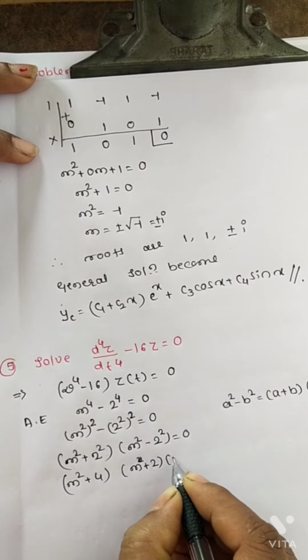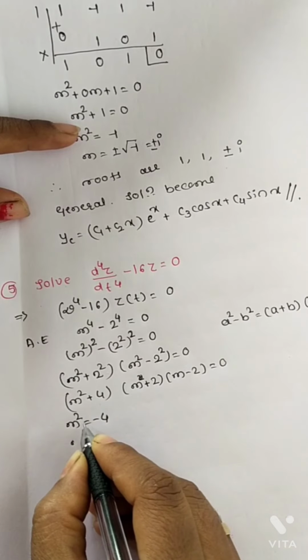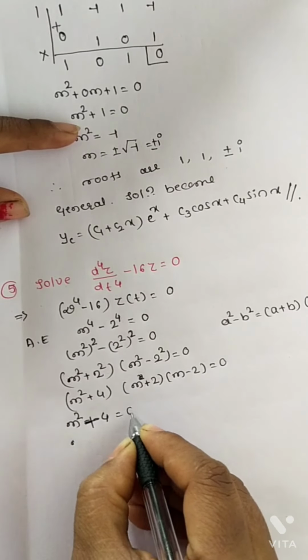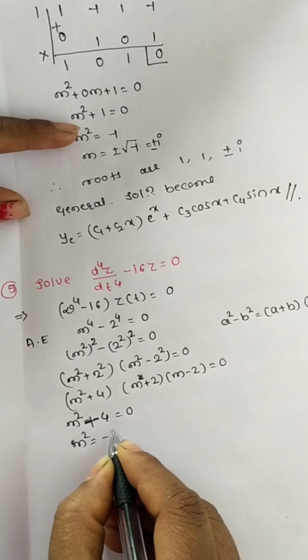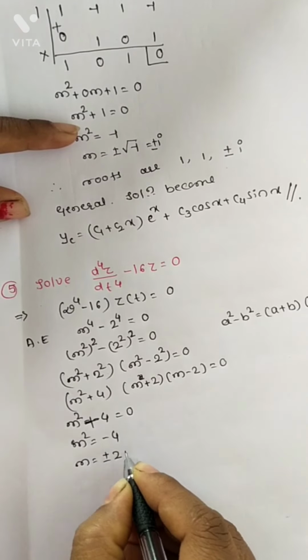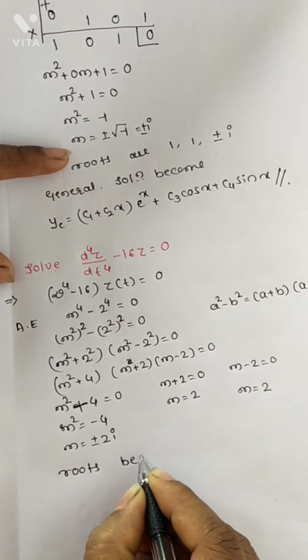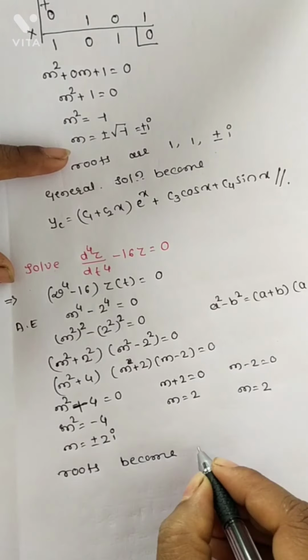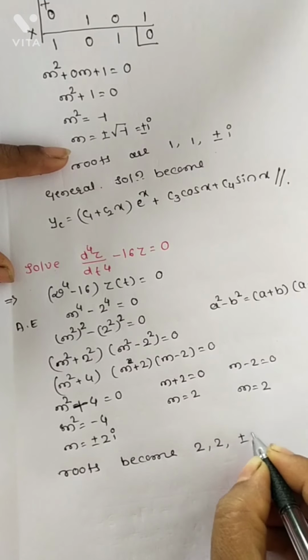After that we have to separate. m square plus 4 is equal to 0, m square is equal to minus 4, m is equal to plus or minus 2i, as we already discussed. m plus 2 is equal to 0, m is equal to minus 2, and m minus 2 is equal to 0, m is equal to 2. After that we got the 4 roots. Now the roots become 2, minus 2, plus or minus 2i.